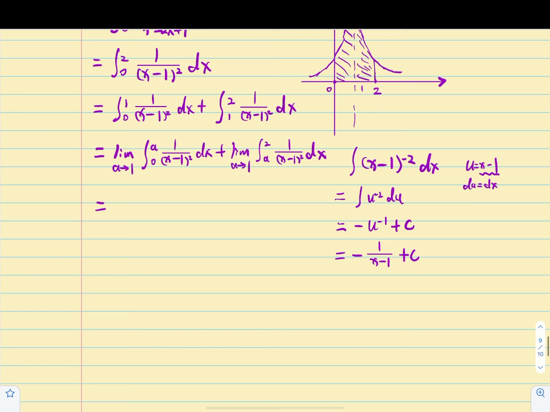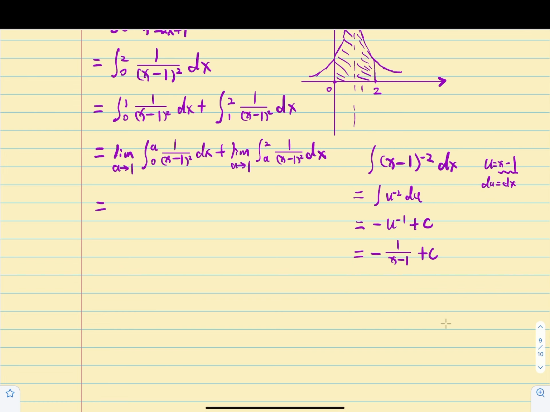So because we have already found our indefinite integral in here, we can find our integral. Let's put it in.